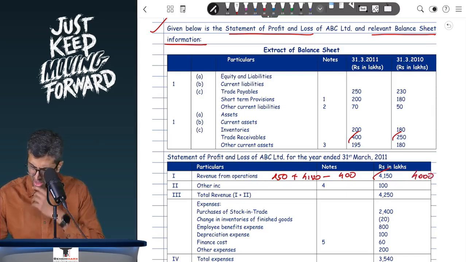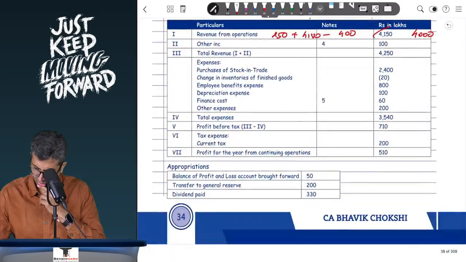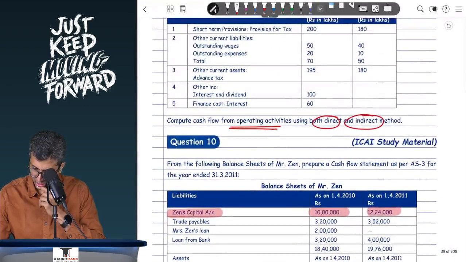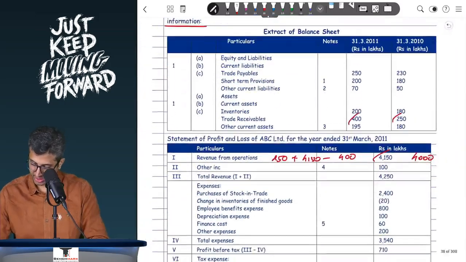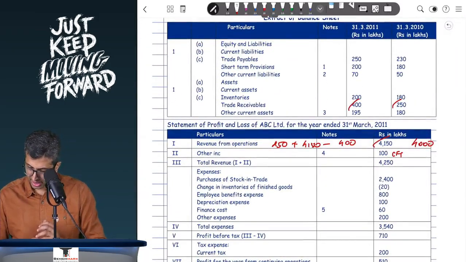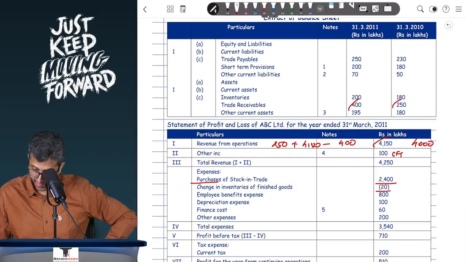Other income. What is other income? Where is the note? Note 4. Other income है क्या? Interest and dividend. This will directly go in cash flow from investing. CFI, cash flow from investing. Then you have expenses, purchase of stock in trade, and then changes of inventory.